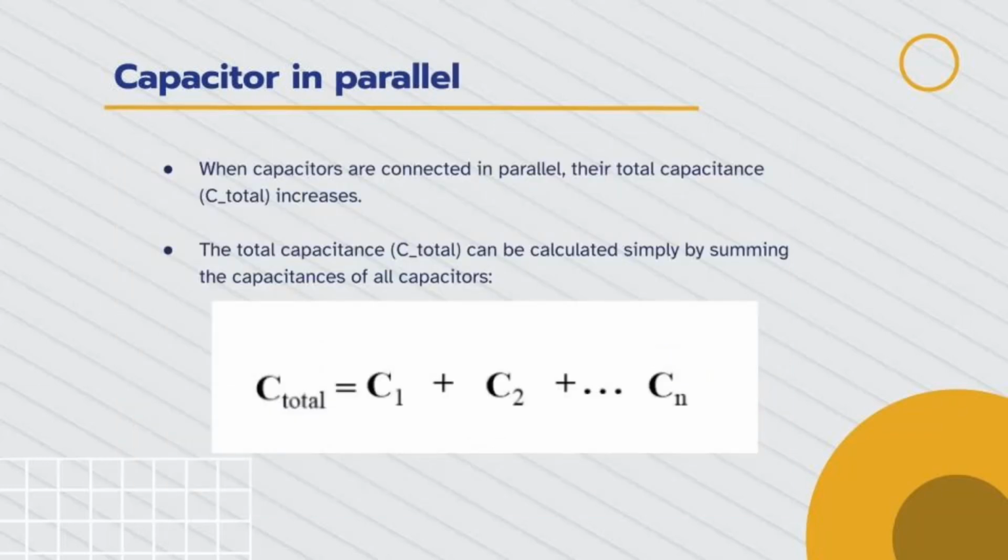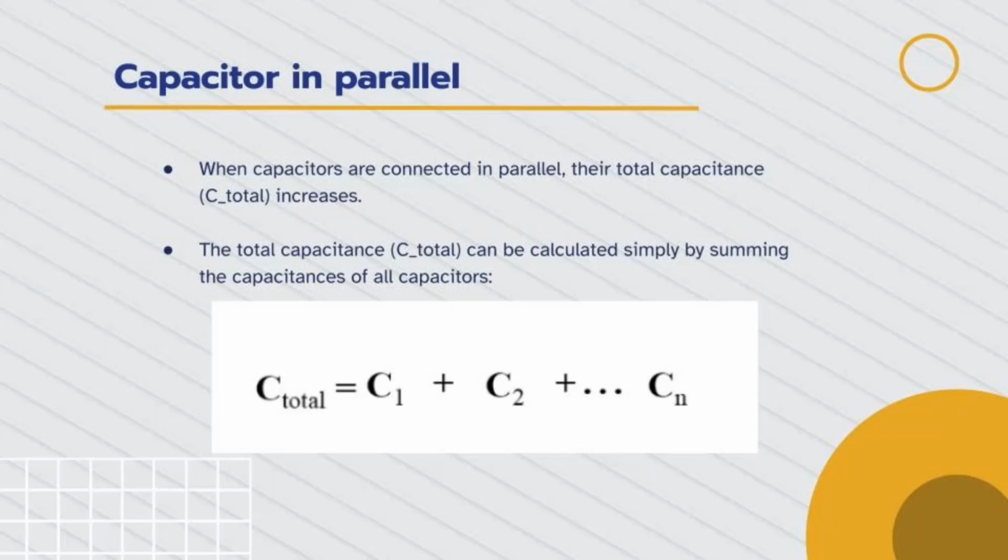Now let's move on to capacitors in parallel. When capacitors are connected in parallel, their total capacitance increases. This means that the combined effect of multiple capacitors in parallel is greater than that of any individual capacitor. To calculate the total capacitance in a parallel connection, we simply add up the capacitance values of all the capacitors involved.